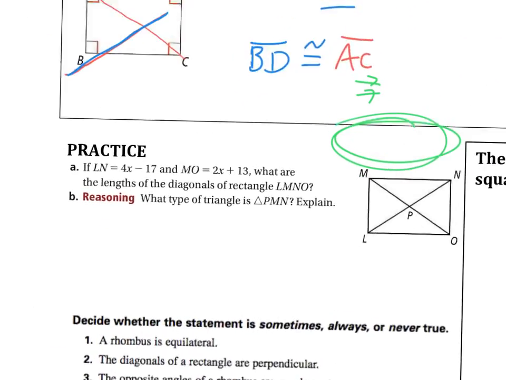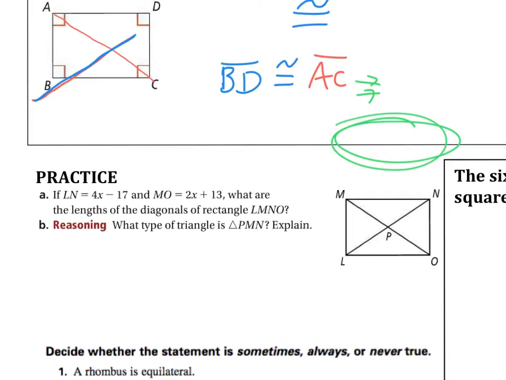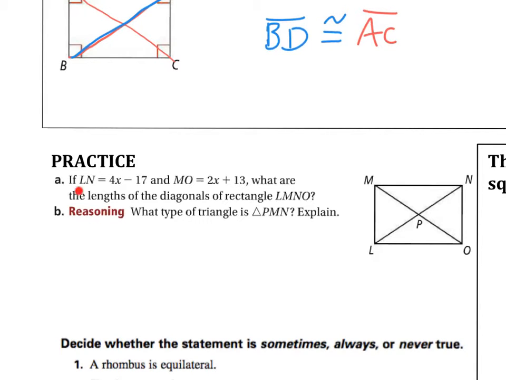So just walking through an example over here, LN is a diagonal, and it is 4x minus 17, and MO is 2x plus 13. What are the lengths of the diagonals of this rectangle? Well, since the diagonals are congruent, we can easily set this up to say 4x minus 17 equals 2x plus 13.